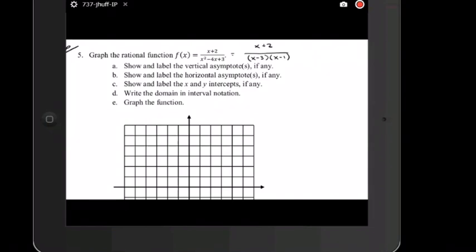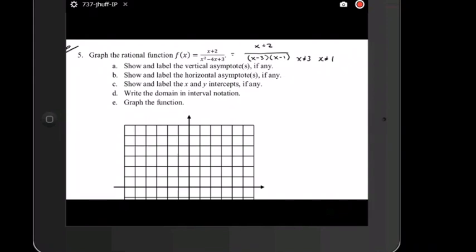And pay particular attention, especially for part A and part D, the domain, to your denominator. We can't divide by 0, so x cannot equal 3, and x cannot equal 1.